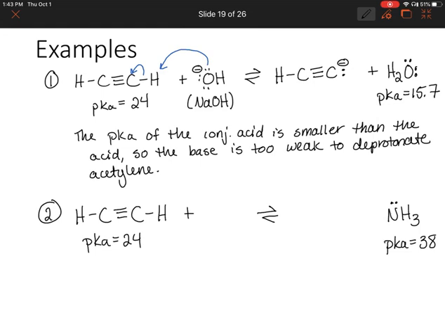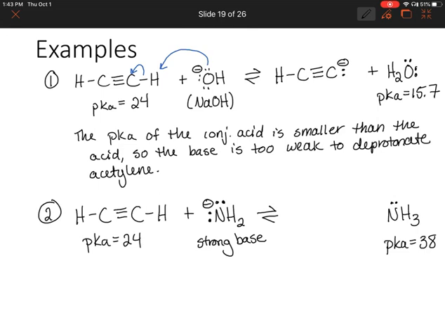So how could we make it even more basic? Well, we could remove one of the hydrogens there and use this base, NH2, and this is a super strong base. Compared to the hydroxide ion anyway.